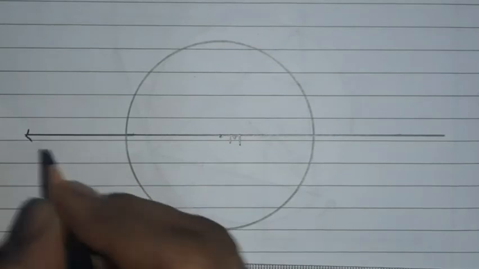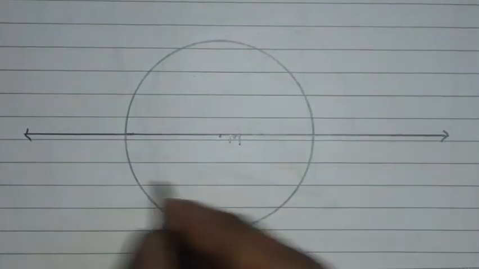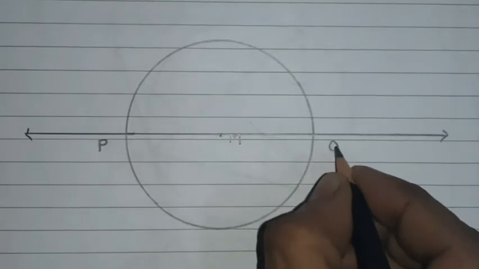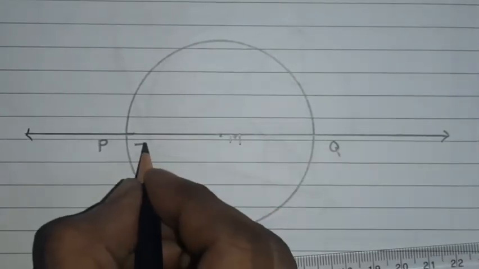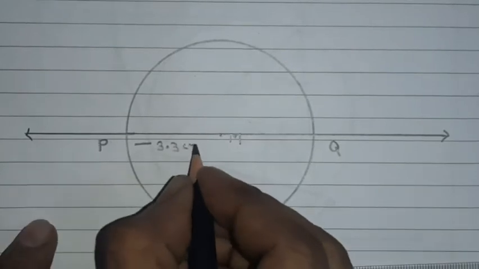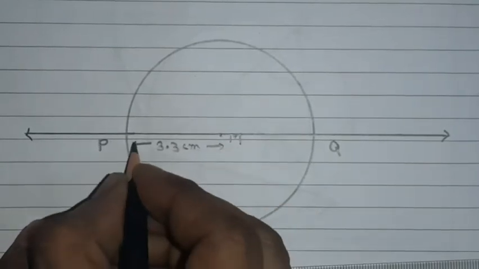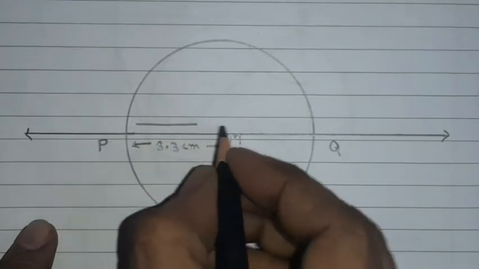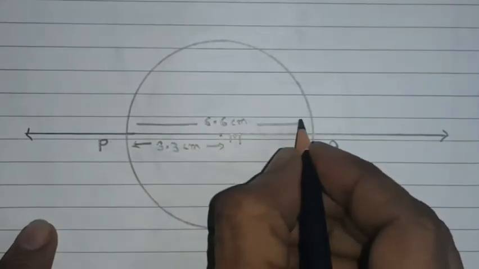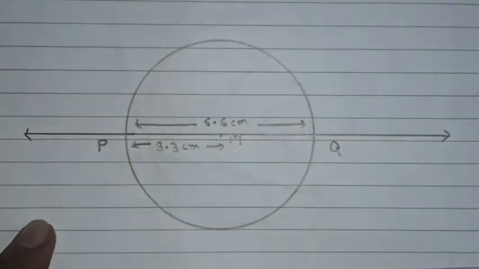Make one arrow here. And dear student, point P is here and point Q is here. We can write 3.3 centimeter. This is the radius and 6.6 centimeter is the length of this chord.